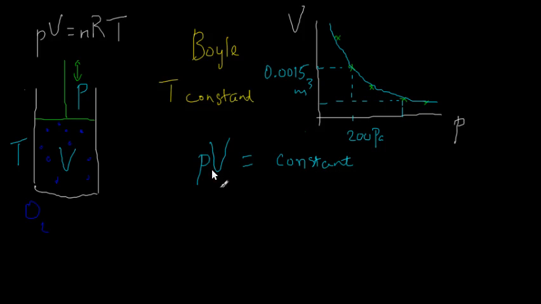If you have two variables multiplied together, and you find that it's always a fixed number, then the graph of those two variables would always be a curve that looks like this.